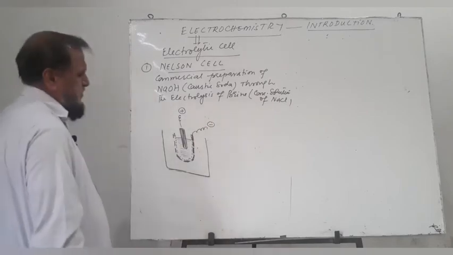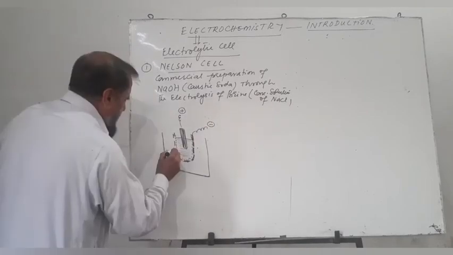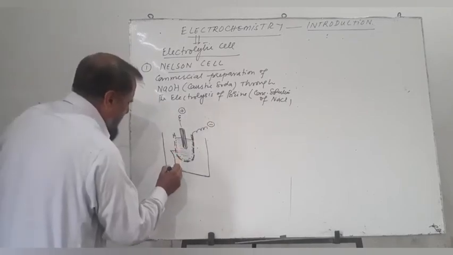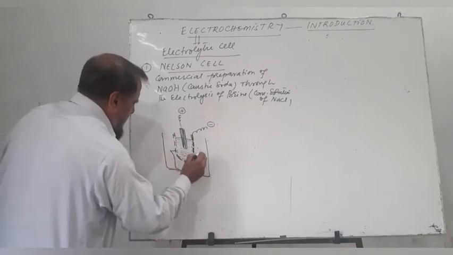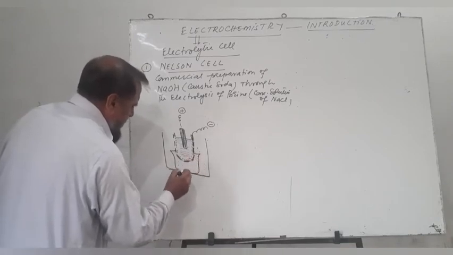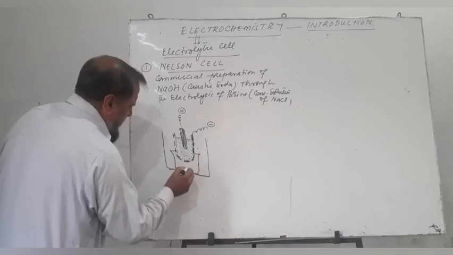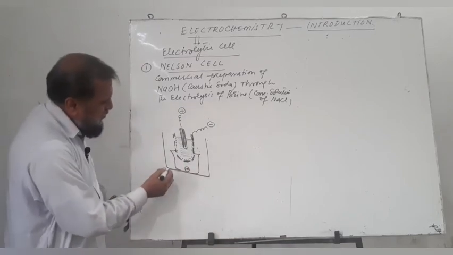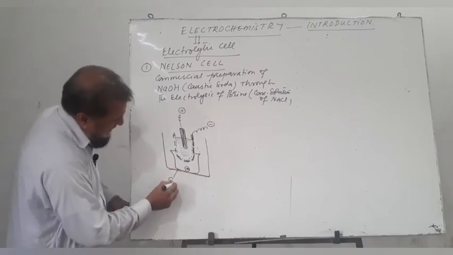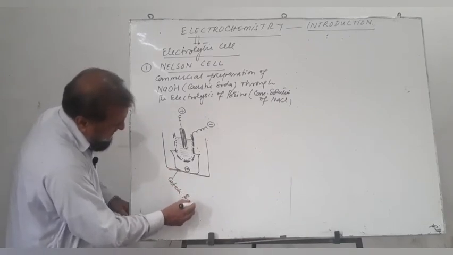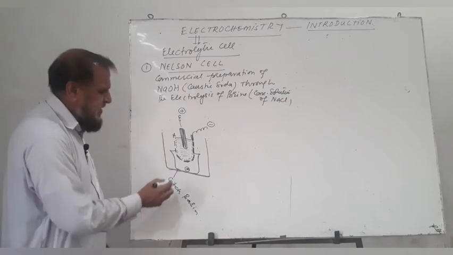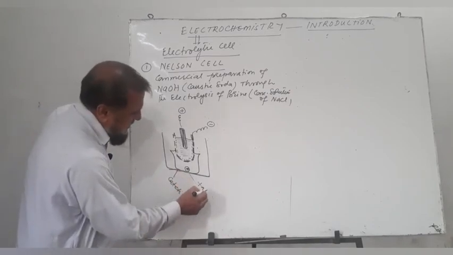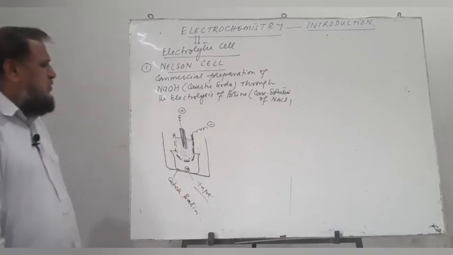Beneath the porous diaphragm is a catch basin, a vessel in which sodium hydroxide solution trickles down from the U-shaped diaphragm and is collected. This catch basin has a tap through which the solution may be taken out.